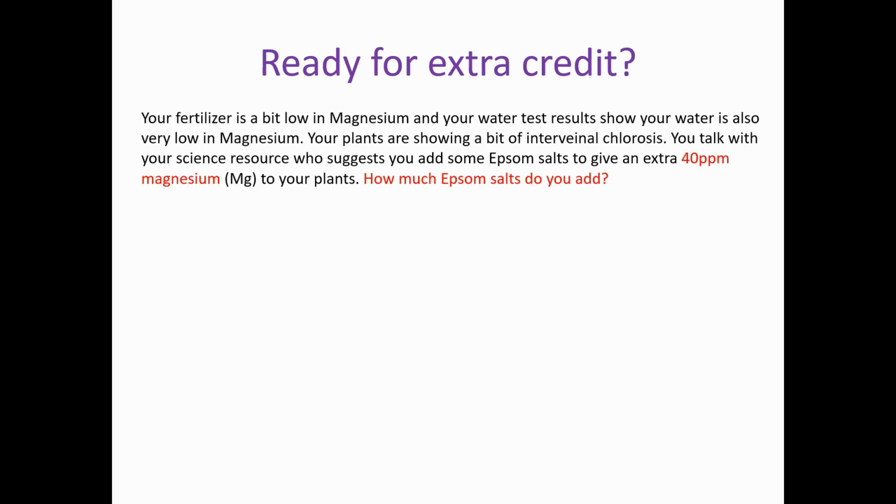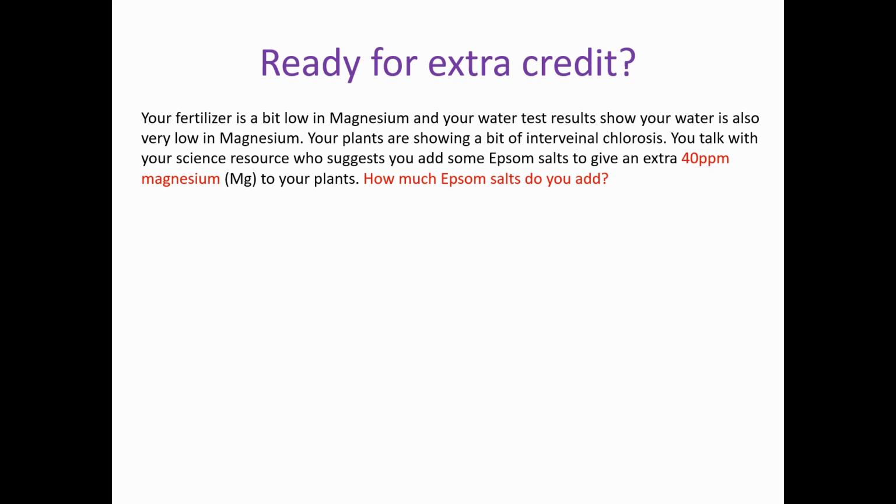All right, that calculation went so well, I think it's probably time that we push the envelope a little further. Let's take another example. You look at your fertilizer and see that it's a bit low in magnesium. And when we look at your water test results, that also shows that your water is quite low in magnesium. So your plants are starting to show some interveinal chlorosis, and we know that you need to add a little more magnesium.